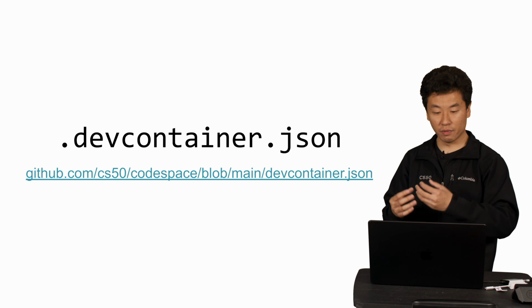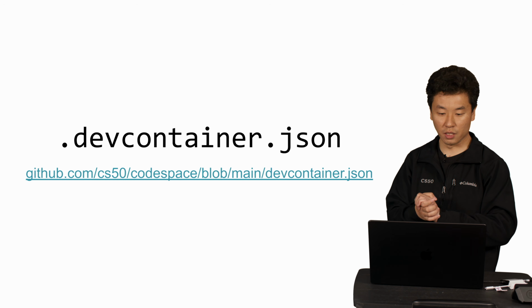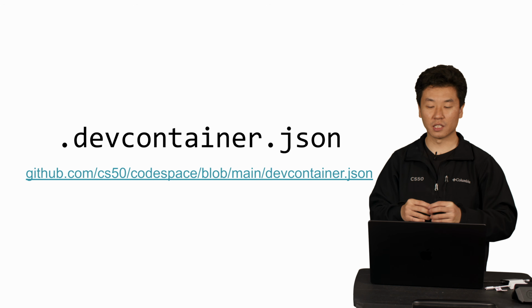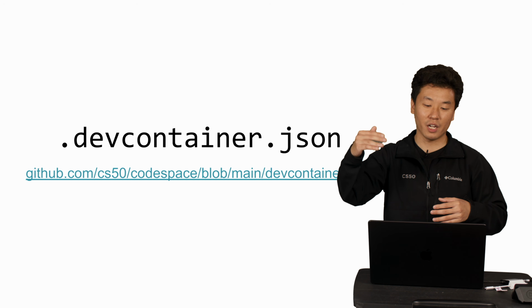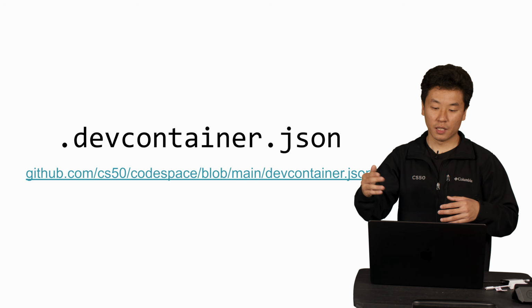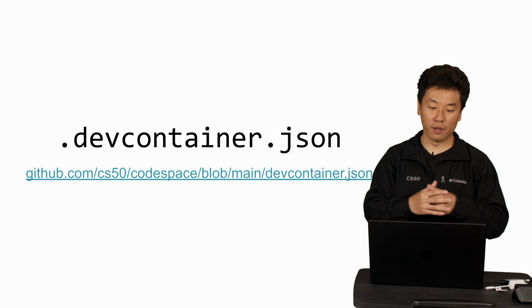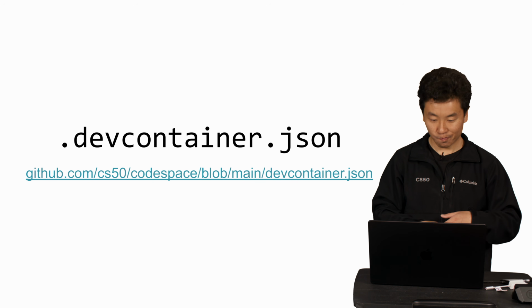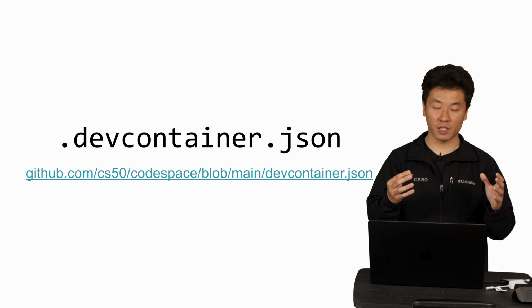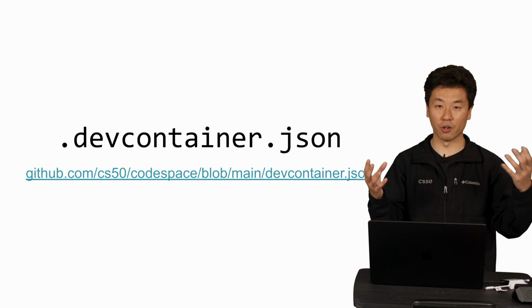There's another important piece of technology here. It's called the dev-container.json. This is also a file, describing what kind of compute resources you want this codespace to have and what kind of VS Code extensions you want this codespace to pre-install. So with the Dockerfile and the dev-container.json file, you can define your own codespace.